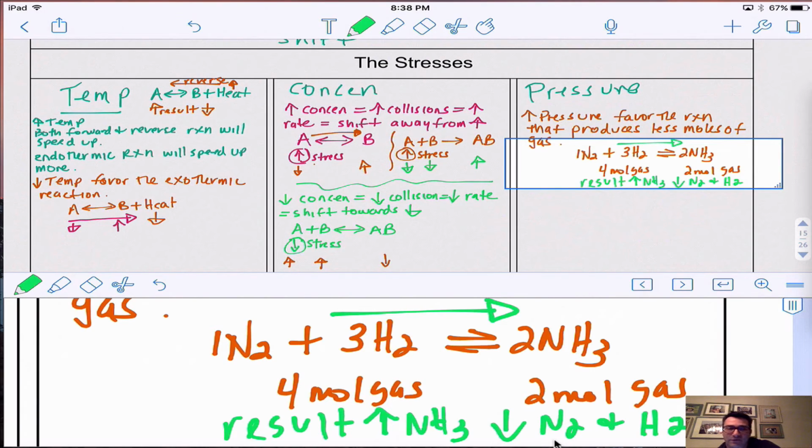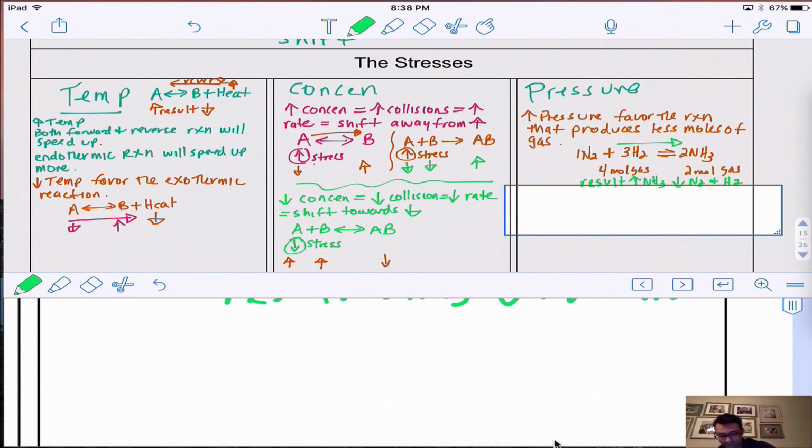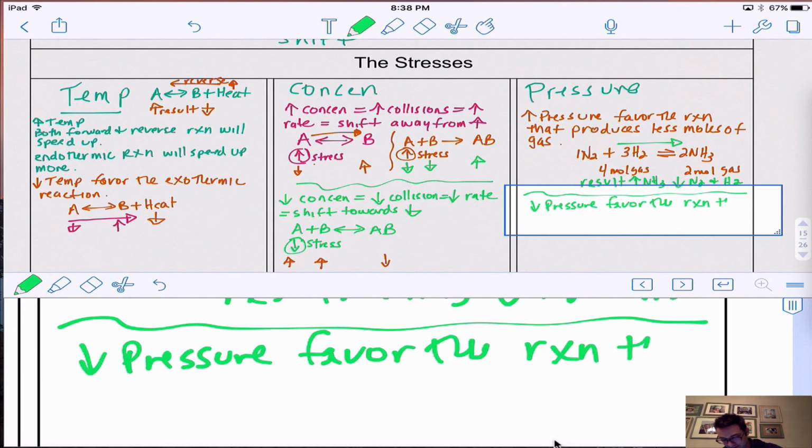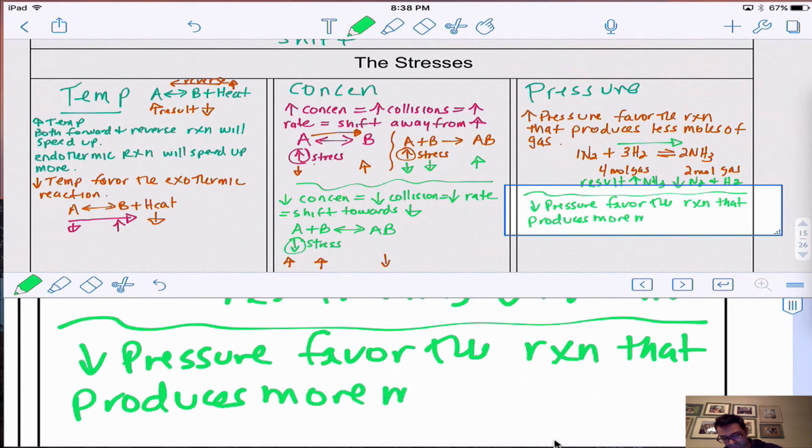This is sort of an effort by the system to conserve space, because if you increase the pressure, a way to relieve the pressure would be to decrease the amount of moles of gas that are present. So by making fewer moles of gas, we're able to do that. What if we were to decrease the pressure? Well, if we were to decrease the pressure, then we would favor the reaction that produces more moles of gas.